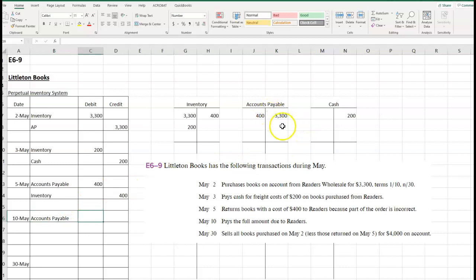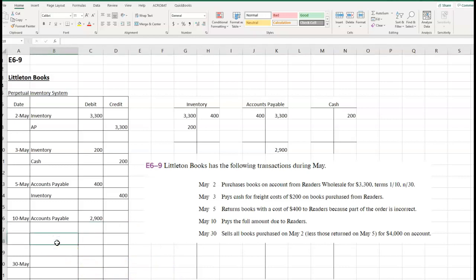How much do we owe them? We owe them $3,300 minus $400, or $2,900.